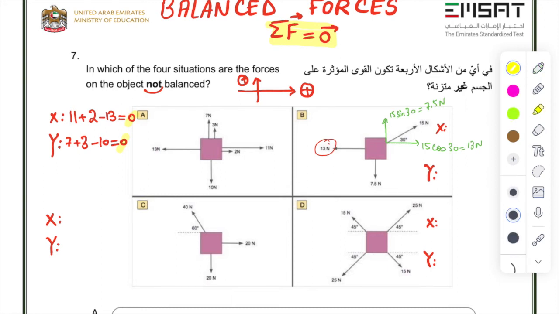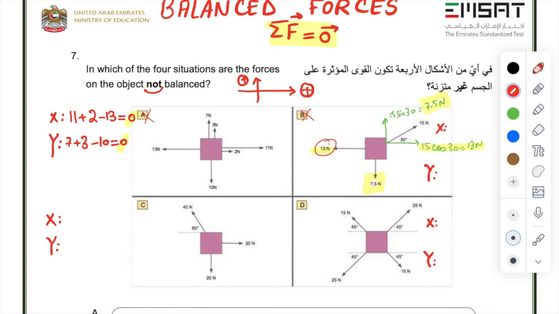So the 13 to the right and 13 to the left will cancel out each other, and 7.5 down and 7.5 up will also cancel out each other. So I have another situation of balanced forces. So again, it's neither A nor B.